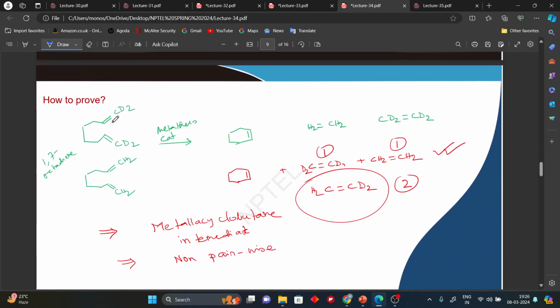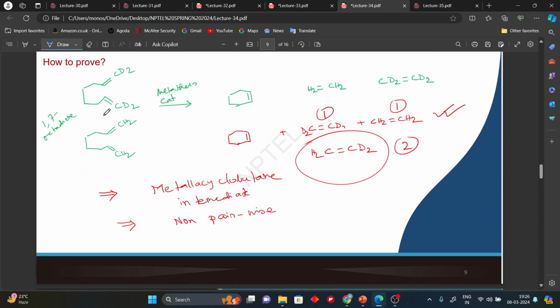So how have they proved that? To prove this, they used this reaction. They used two variants, one with deuterium and one with proton, and they have used these two units and done the metathesis reaction.